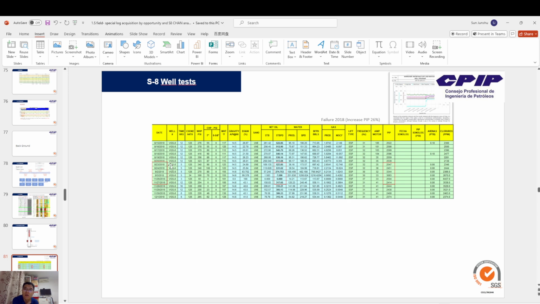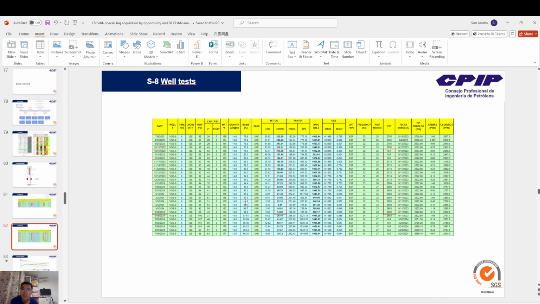We can see in the September 18, the BSW suddenly increased from 26 to 63, then 99.4%. After squeezing job, the BSW decreased to 41%.